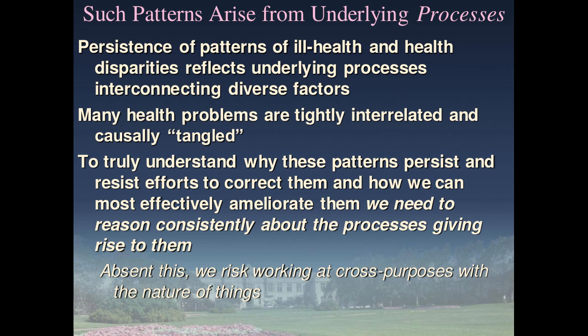And many of the health problems that we deal with have tightly tangled processes that underlie them, an entangling of personal circumstance and preferences with aspects of environment and policy regimes, etc. To really understand why patterns persist and why they resist efforts to correct them and how we can most effectively lessen them, we need to reason consistently about the processes giving rise to them, just as we need to reason about the timing of the tides to not work at cross purposes.